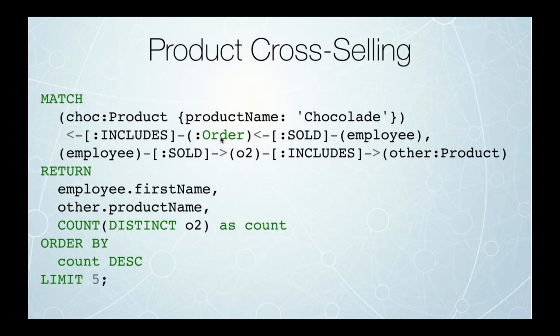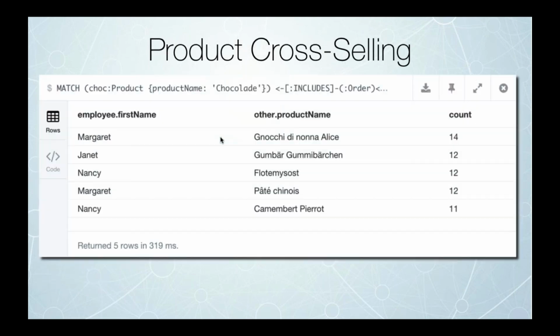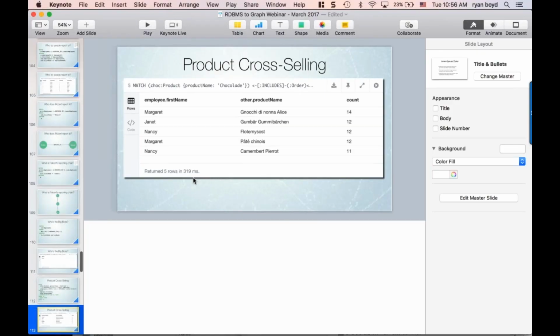So like cross-selling, how many employees cross-sold other products and what were those other products? And you can see the patterns that we're drawing at the top make it pretty simple to understand what this query is actually doing. And that gives us something like this. Here we have an employee who sold this product along with chocolat 14 times, Noki, as an example.